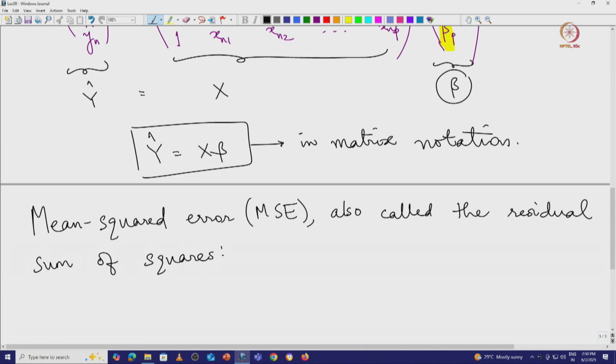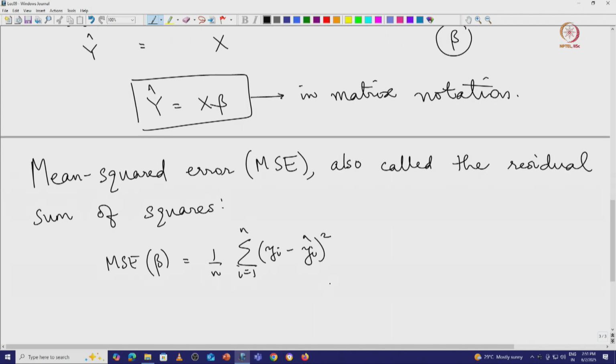So this is defined as: MSE as a function of the parameters beta is equal to 1 over n times the sum of squared errors here. So that is y i minus y i hat whole squared, summed over all values, and because it is a mean squared error, you have to divide by n. If it was the sum of squared errors, SSE, this 1 by n term would not be there.